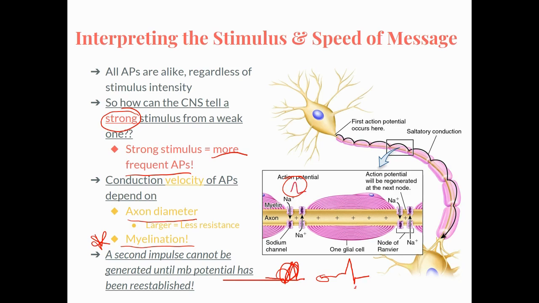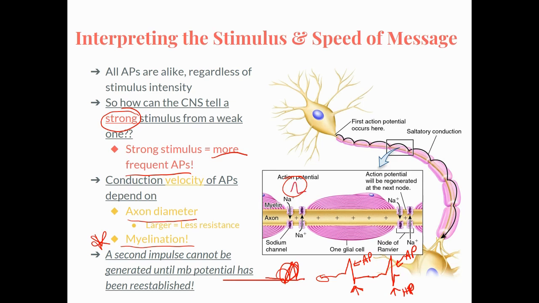So when it's down here, an action potential cannot be fired. So now that it's here, there can be another action potential. So this is an action potential, and this is an action potential. When it is here, this is your hyperpolarization, right? It is too negative.